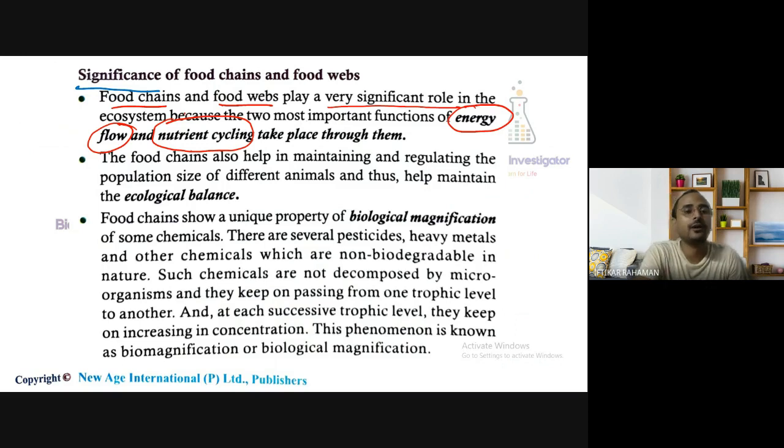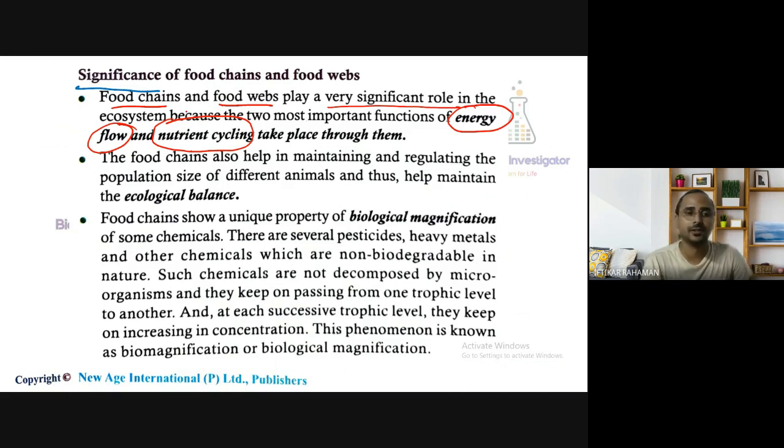Another functional component is nutrient cycling or biogeochemical cycle. So food chains and food webs are the components that function in energy flow and nutrient cycling, right?